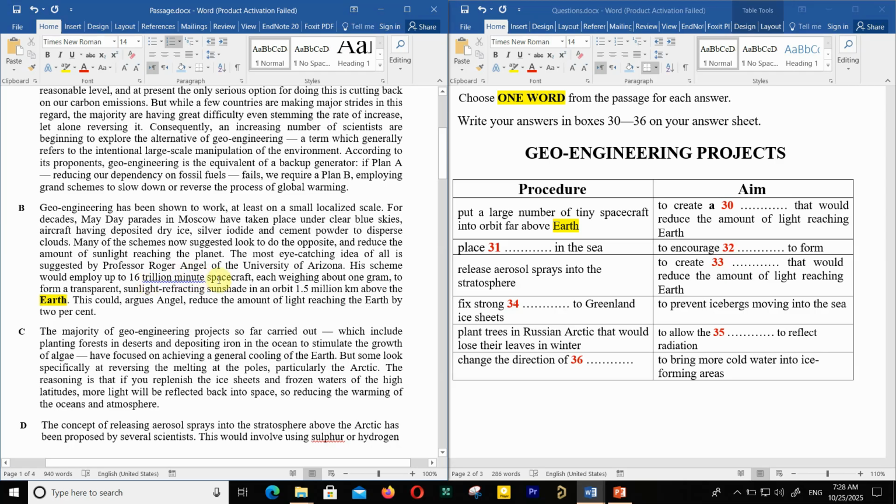It's about how small it is. This is the freight spacecraft, and here it says tiny spacecraft. Minute spacecraft is a paraphrasing for tiny spacecraft. Each weighing about 1 gram to form a transparent sunlight refracting sunshade in an orbit 1.5 million kilometers above the Earth.